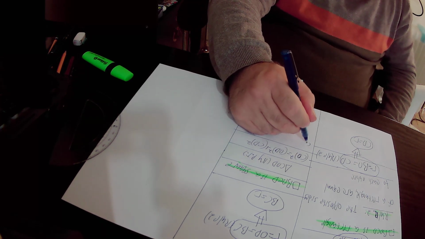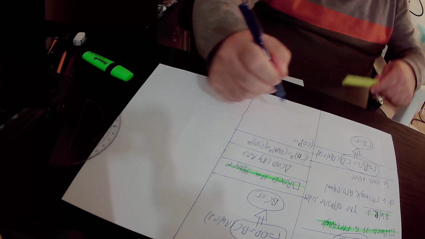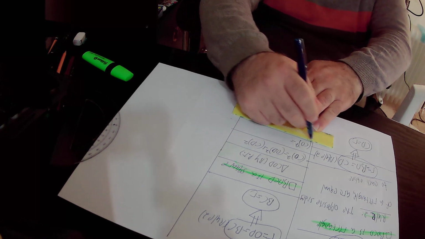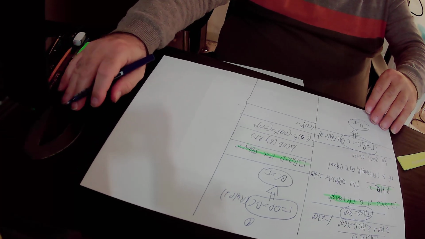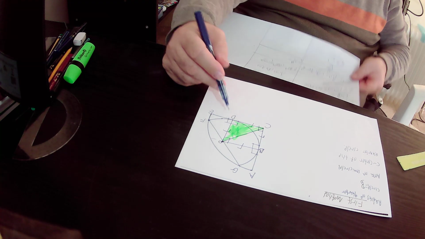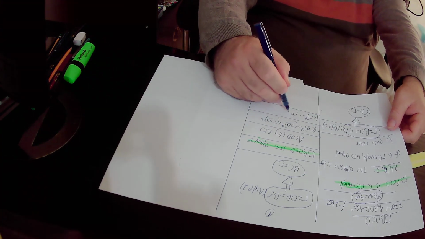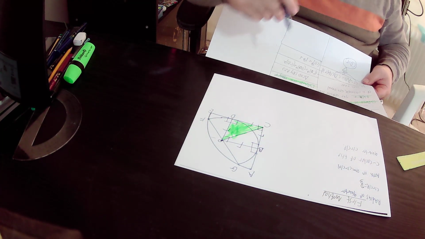So CO square equals OD square. Here, OD equals R, so OD square is R square, plus CD square.